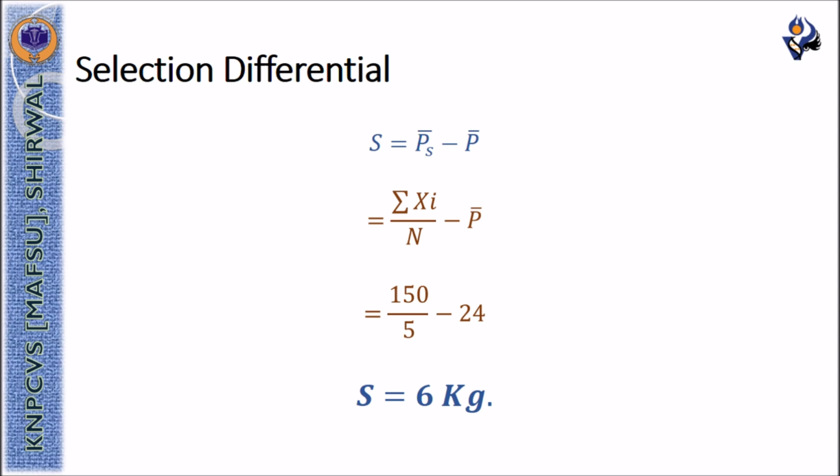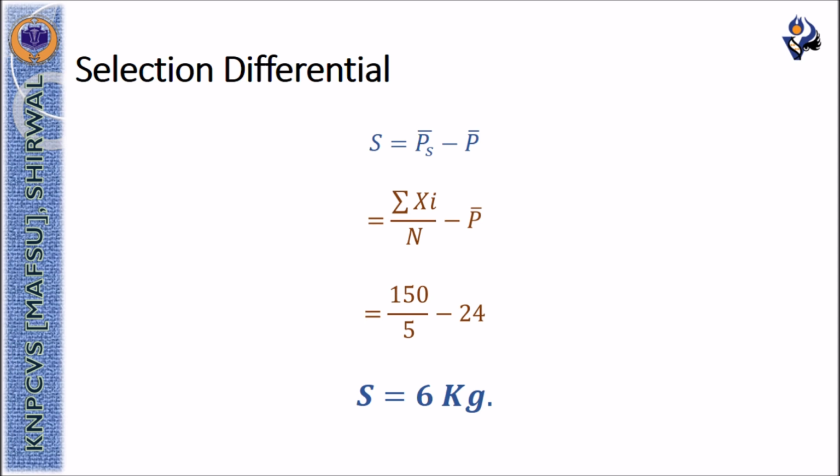Here, selection differential can be calculated with the formula S is equal to PS bar minus P bar. The mean of selected parents comes to 30 kilograms minus population mean 24 kilograms. Therefore, selection differential is 6 kilograms.